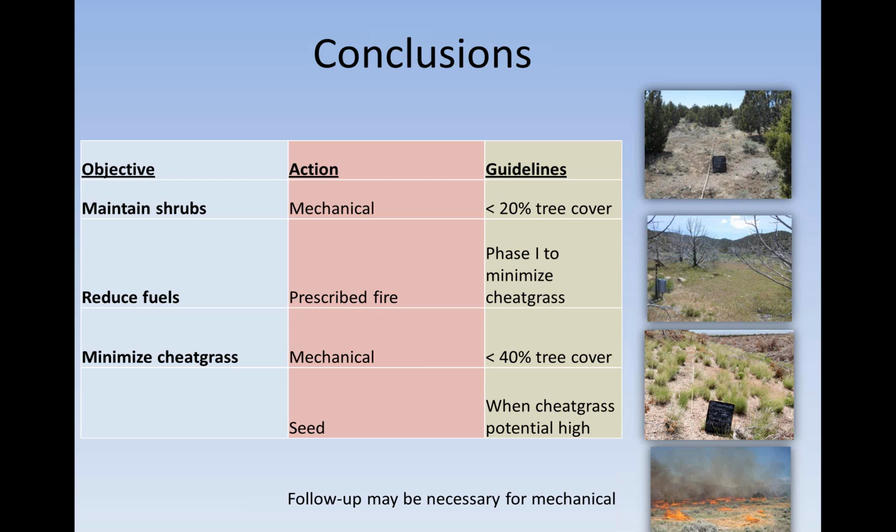Right. I do know that forbs are a minor component of a lot of these communities. That can depend on the site, but they're pretty important where they do occur. Yes, because the seeding after treatment with the forbs would help the following year to maintain the pollinators.